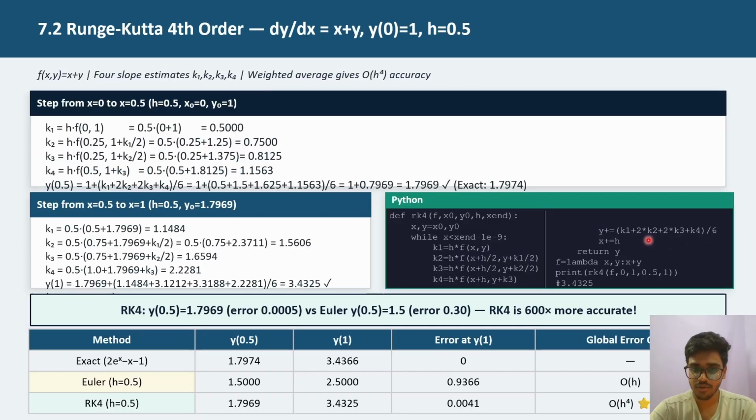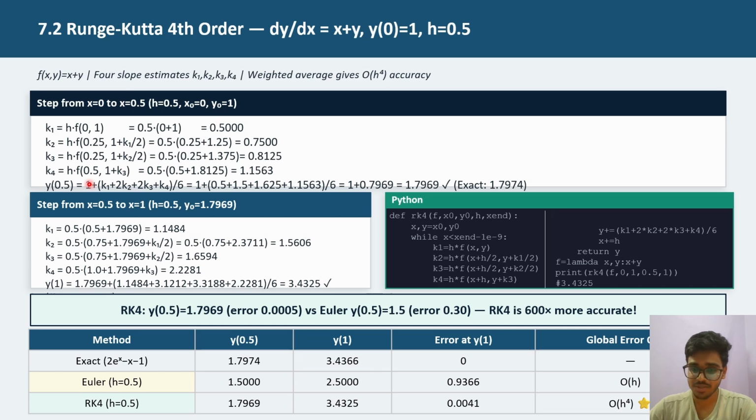Runge-Kutta fourth order method. This is one of the most widely used numerical methods because it gives very high accuracy. Unlike Euler's method, Runge-Kutta fourth order does not use just one slope. Instead, it calculates four slopes k1, k2, k3, and k4 at different positions inside the interval.